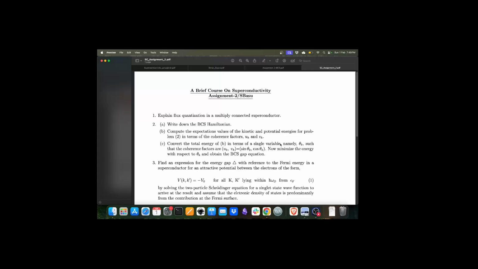Gradient of 1 and gradient of 2 mean electron 1 and electron 2, and then of course plus some potential energy.